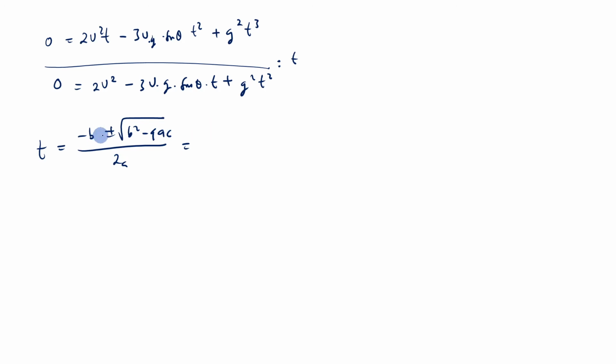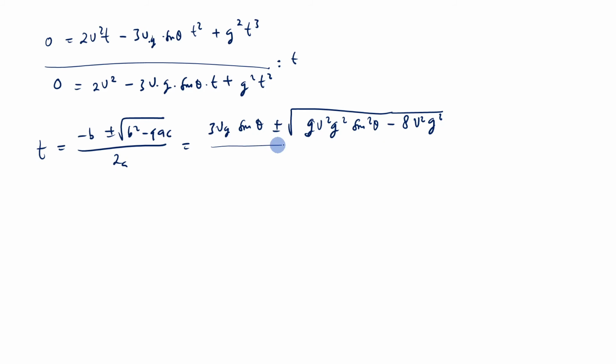And we can substitute b by 3 v g sin theta plus or minus square root of 9 v squared g squared sin theta squared minus 8 v squared g squared, and this all divided by 2 g squared.